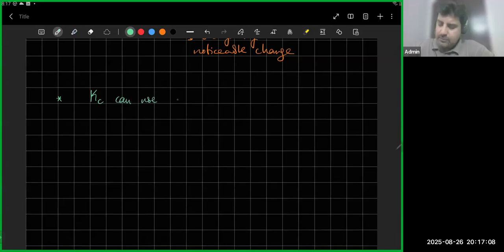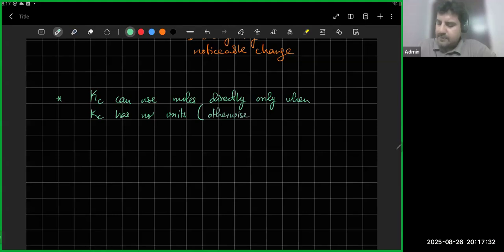Kc can use moles directly only under certain circumstances, only when Kc has no units. Otherwise, it's always going to be concentration.